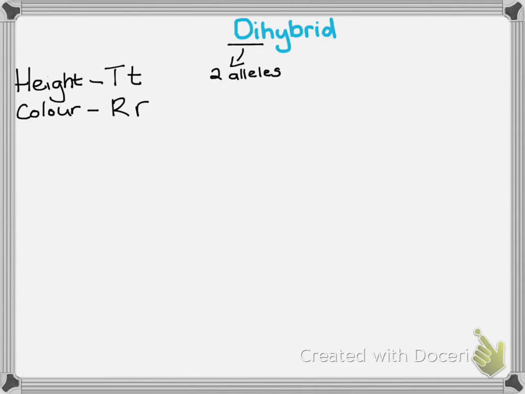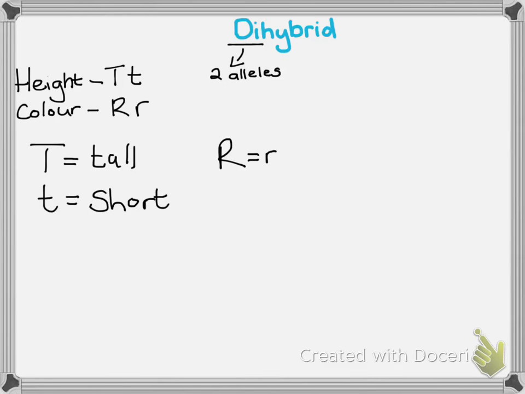So what are we going to do now to illustrate this? If, for example, I let the capital T stand for tall, and I'm going to use a small t for short. For color, I'm going to use the capital R for red and a small r for yellow.